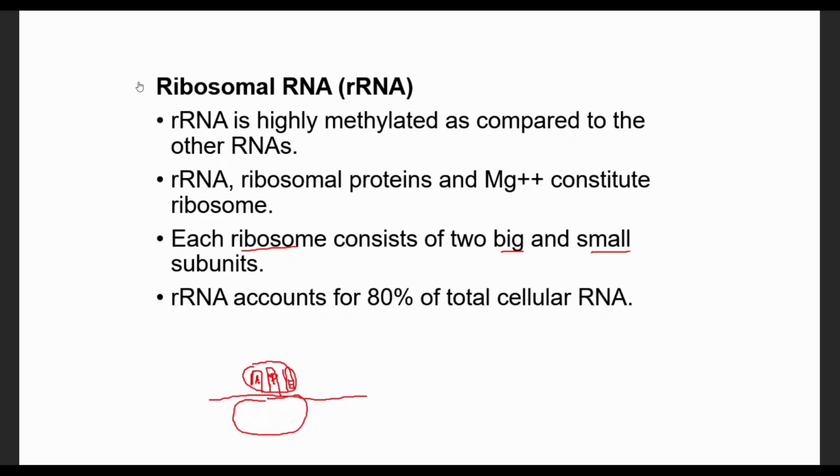A is for addition: the newly coming transfer RNA comes and binds on the A site of the small subunit, then transfers the amino acid to the peptide chain. After transferring the amino acid, it will exit from the E site on the small subunit.